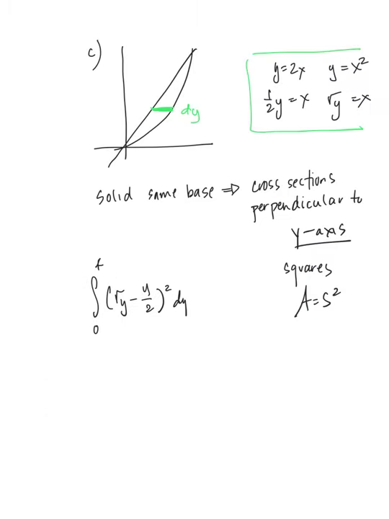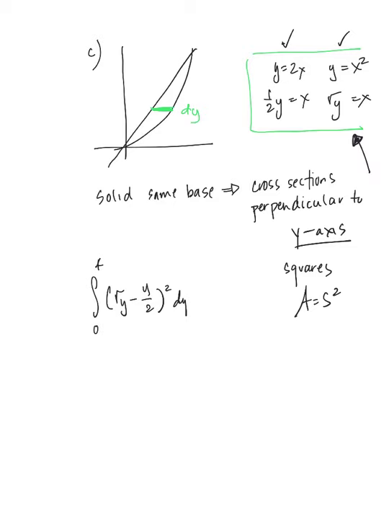All right, part C, a little tricky. We have a solid with the same base R, but the cross sections are perpendicular to the y-axis. And because of this, we have to go to the original equations, y equals 2x and y equals x squared, and solve for x, because I'm going to have to write my integral in terms of y, okay?